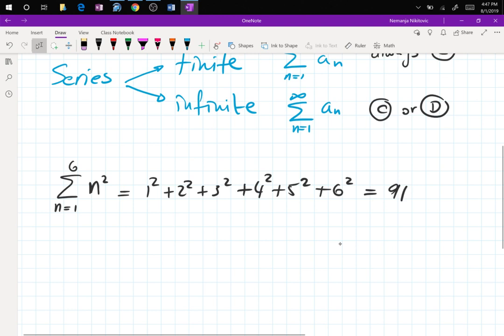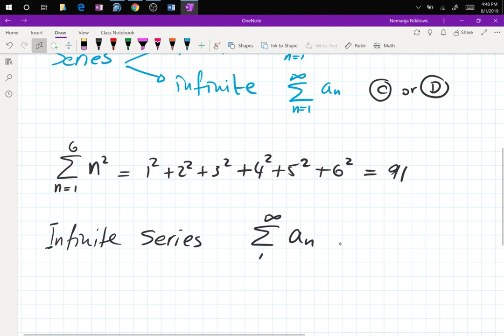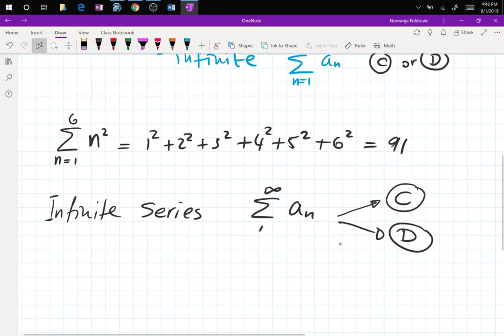So now for infinite series, summation, let's say from 1 to infinity of a_n, we know that there is convergence or divergence, depending on which one you get.